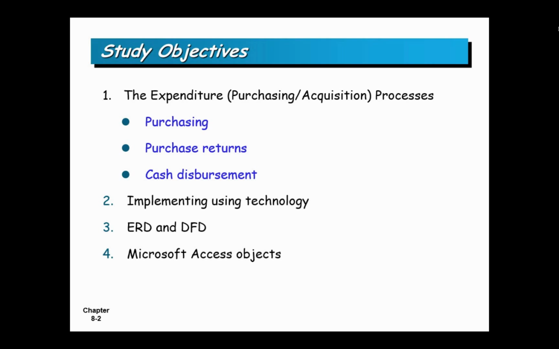We'll then talk about using technology, some of the ways that technology is used in the purchasing cycle. And then we'll talk about how you go about doing a logical and a physical design for the purchasing cycle, and then talk about some of the Microsoft Access objects.